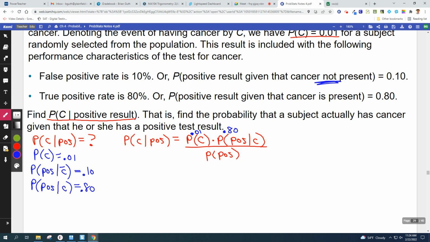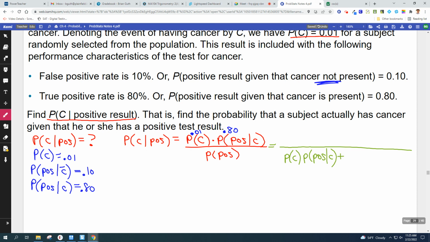Because when something is positive, okay, either they have cancer or they don't. So what I'm going to do is split this bottom part of this equation into two parts, okay? So when you think about being positive, we can say the probability of having cancer times probability of positive given you have cancer, plus, okay, so either you have cancer or you don't, right?